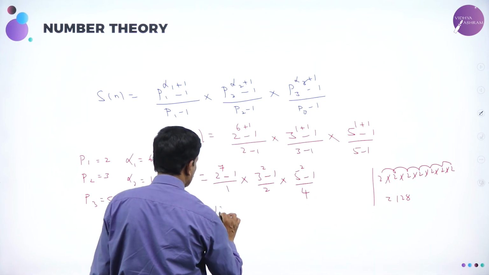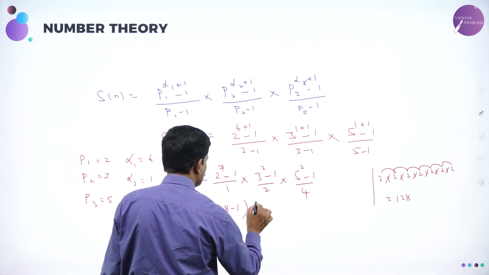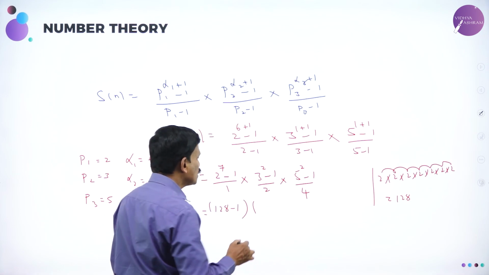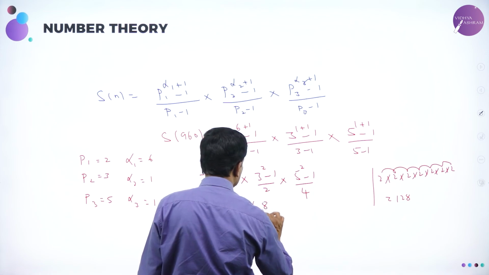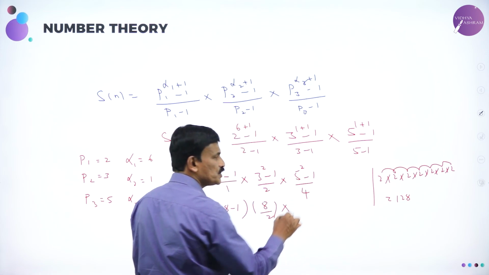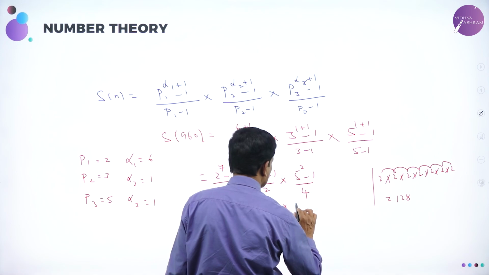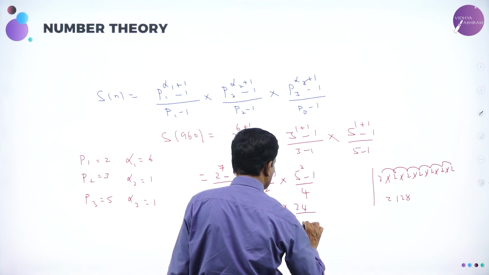So 128 minus 1 into 3 square. 3 square is 9 minus 1, 9 minus 1 is 8, by 2. 5 square. 5 square is 25 minus 1 is 24 divided by 4.